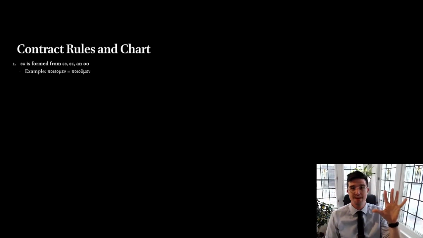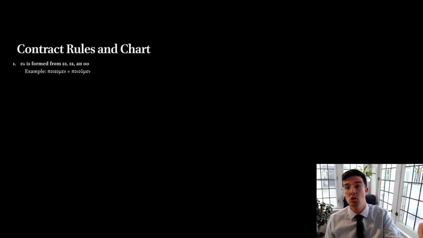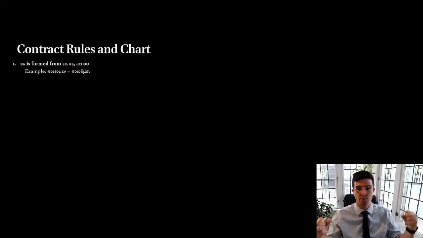So I'm going to give you five different rules of contraction and then a contraction chart that will show you all of the different contractions that occur in the Greek New Testament, specifically with respect to contract vowels. When you have an epsilon and an omicron in either order, or two omicrons together, the result is going to be omicron upsilon.